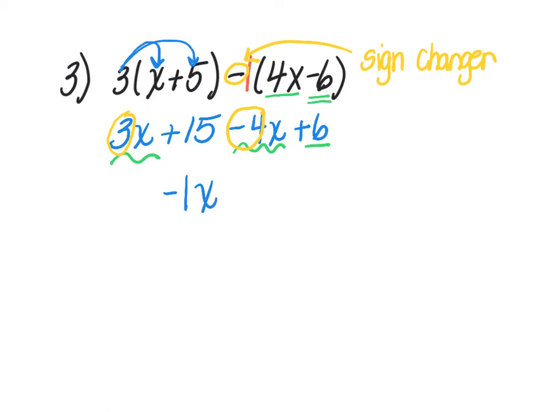And then I have 15 and 6, which are constants, plain numbers, and when I combine those, I get a positive 21. So you can write this as negative 1x plus 21, or you could just write it as negative x plus 21. Either is correct.